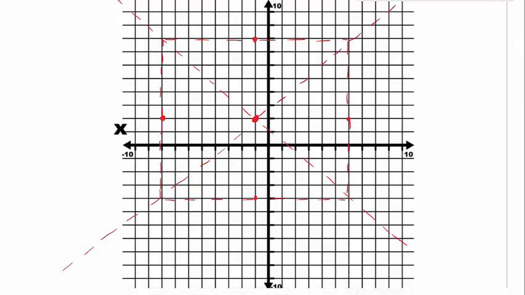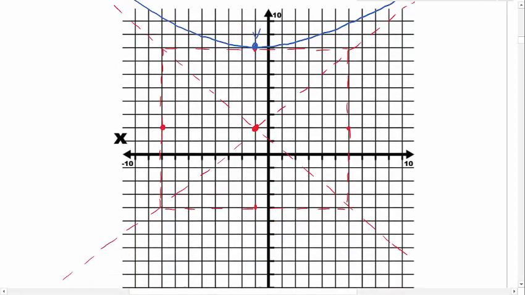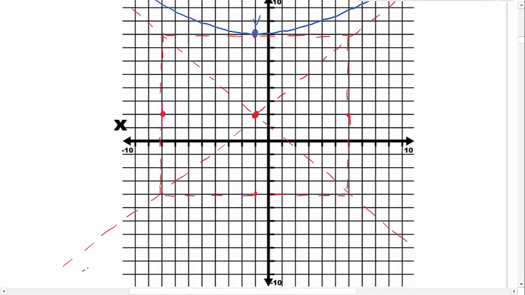Each branch is going to follow along the asymptotes we've created, and it's going to hit the box at the point we already have marked. These will be our vertices, and we'll label those shortly. And there we go, hyperbola in blue.